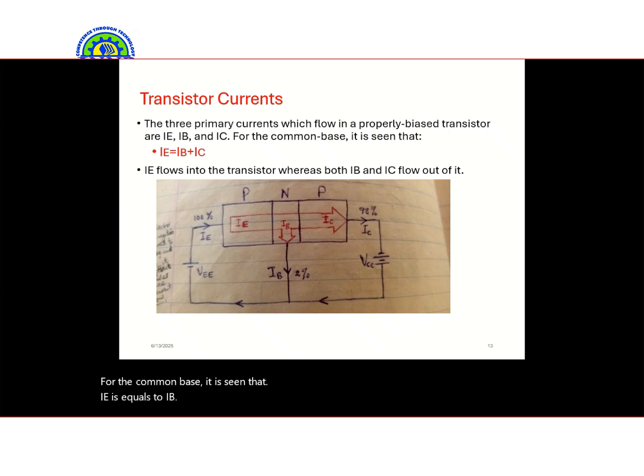IE flows into the transistor, whereas both IB and IC flow out of it. And you can see that of the 100% of emitter current, only 2% flows at the base, the 98% flows to the collector. So 98% added to 2% gives us the 100%.